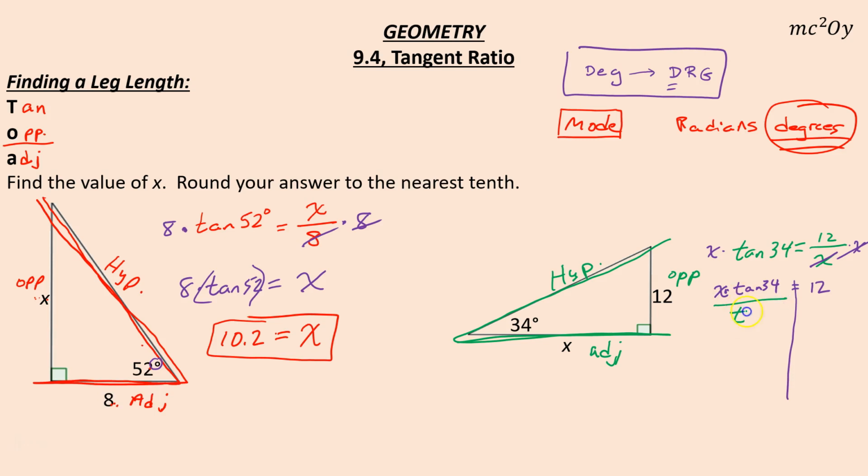So when I divide out tangent of 34, remember that's a numeric value. It's a number. If you type in tan 34, it's going to give you a value. It's a ratio. Okay, that's going to be equal to x, and then 12 divided by tan 34 is equal to 17.8.